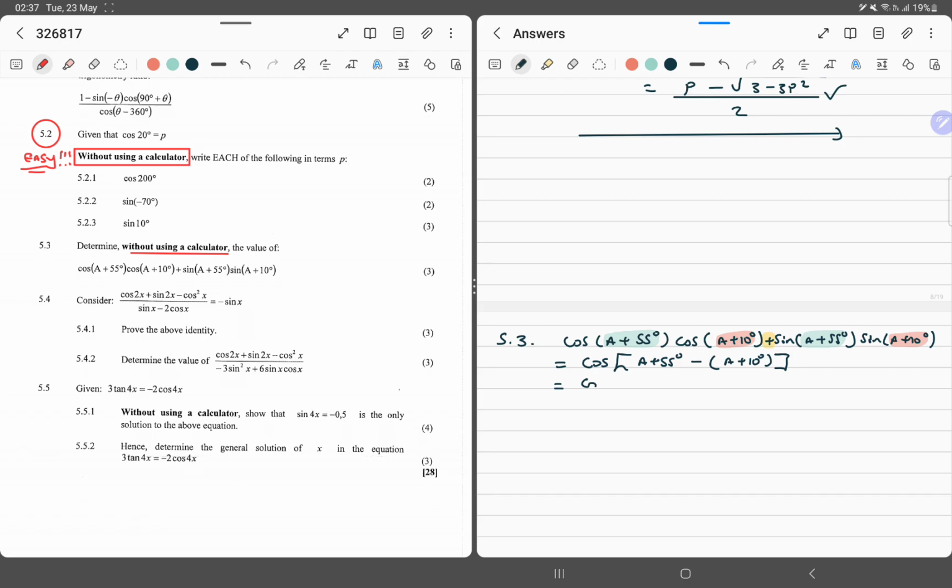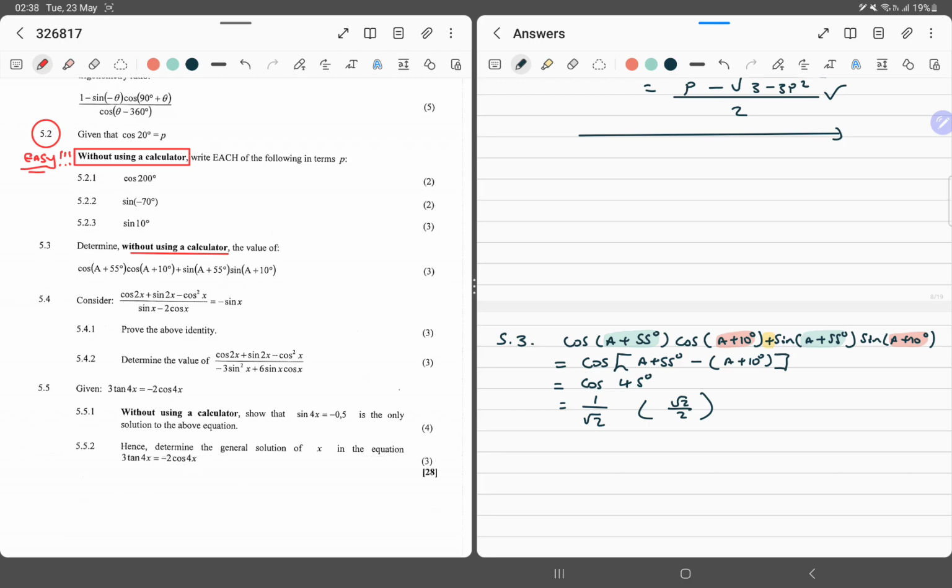Okay, all right, so this is the same as cos. Now we can see there that it's going to be A, taking out the A, and then 55 minus 10 is what, 45. And then cos of 45 is 1 over root 2. In grade 12, you never have to rationalize, but if you rationalize, you're going to get root 2 over 2.